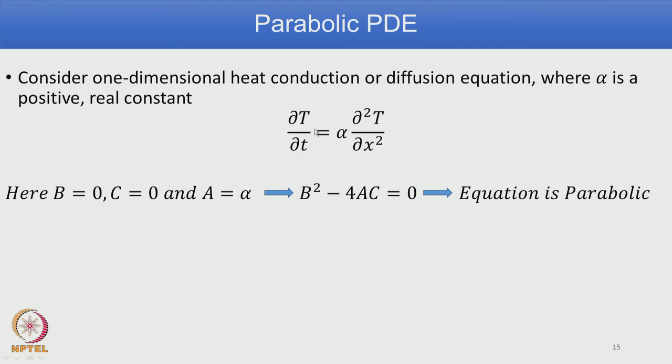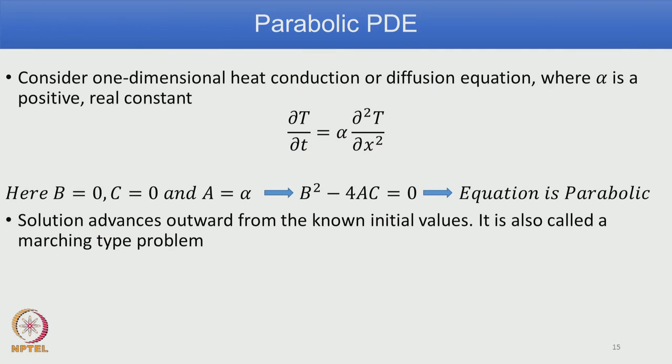As you can see here, the time derivative component appears, and we have observed that in the Navier-Stokes equation the first term on the left hand side is a time derivative term. The solution advances outward from known initial values, which means it only marches in one direction, and you need to specify the initial value.